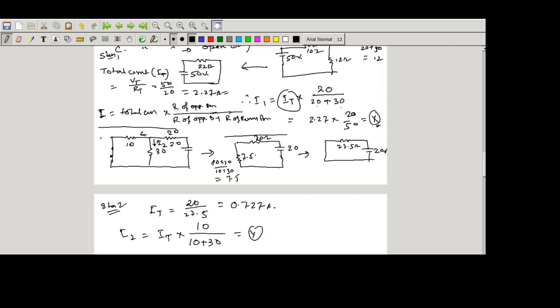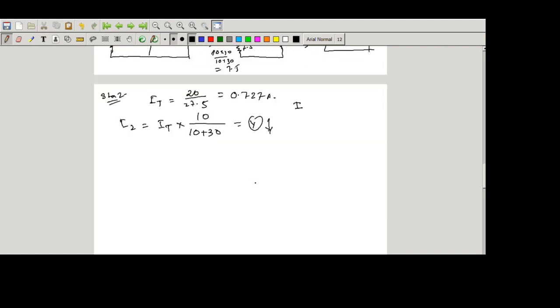Now you see this current direction is downwards. In the previous case, the current direction was also downwards. If both directions are the same, then we can find the total current that will flow through this 30 ohm resistance when two supply voltages are there. So what is the total current? I draw the final circuit where the 50 volt and 20 volt sources are connected here, with 20, 30 and 10.